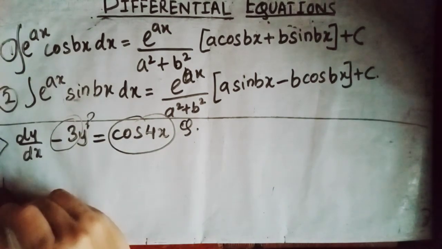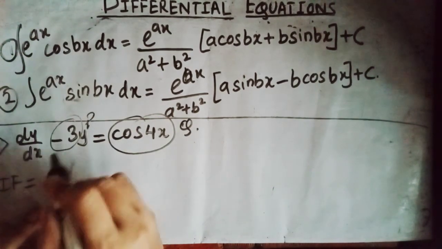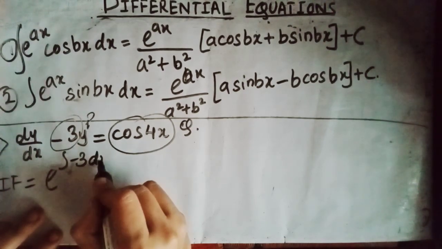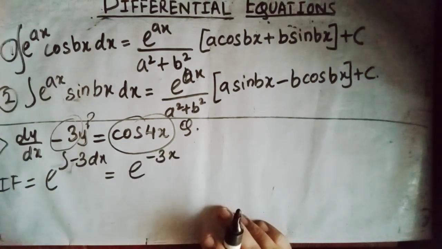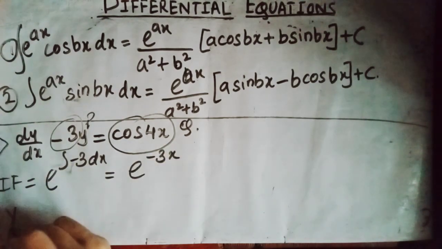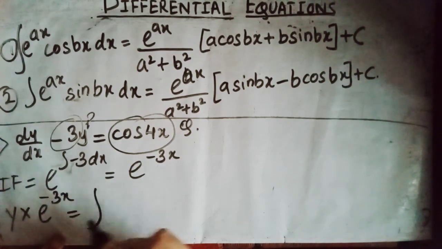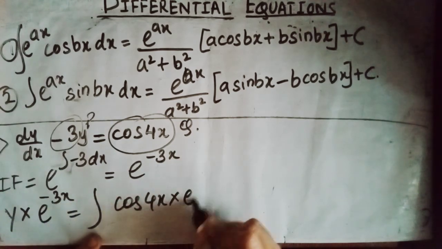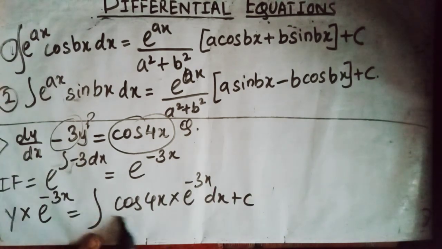Okay, so the integrating factor is e raised to integral of minus 3 dx. So this is e raised to minus 3x. Okay, now you have to find the solution. Y into e raised to minus 3x equal to integral of q, which is cos 4x, into e raised to minus 3x dx plus c.